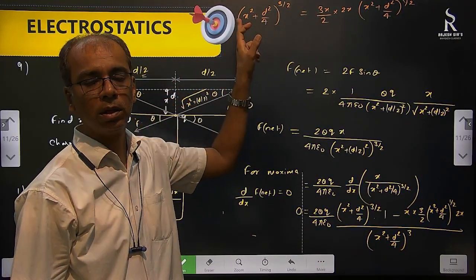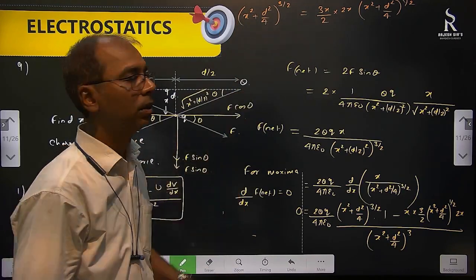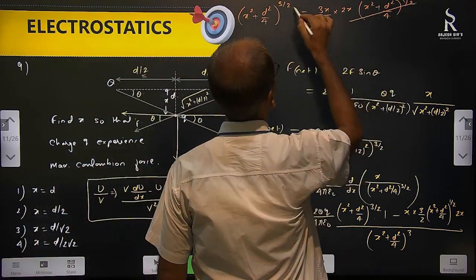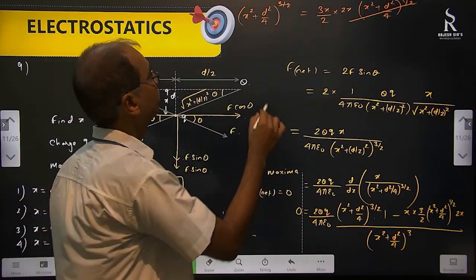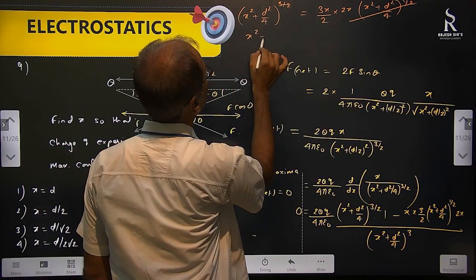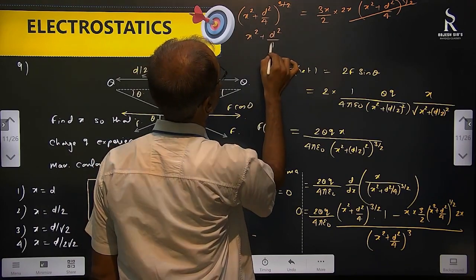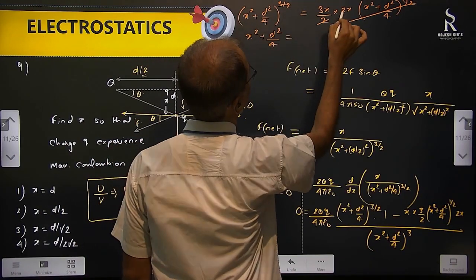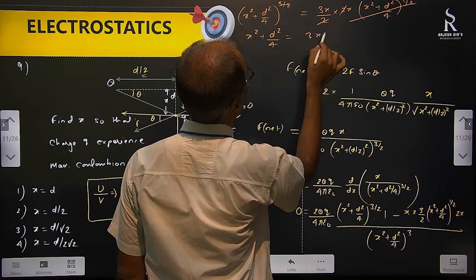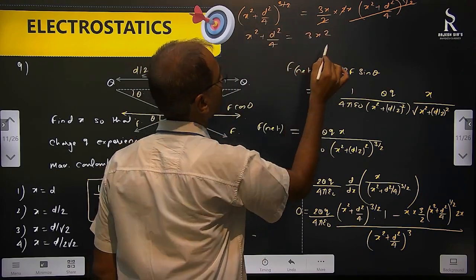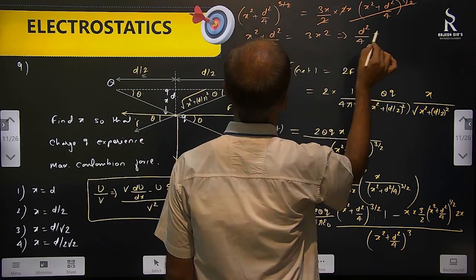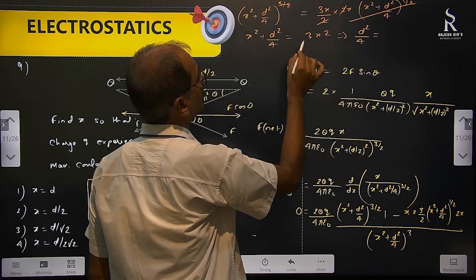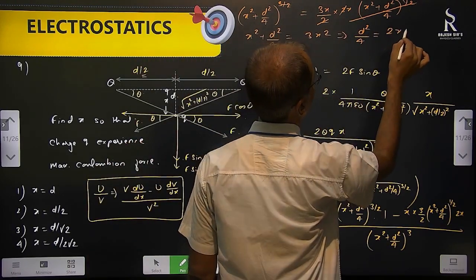This is power 1 into power half. So this entire thing I can cancel with this. Now what I have? X square plus d square by 4 equal to 3x square. This x square will go that side. So d square by 4 equal to 3x square minus x square, that is 2x square.